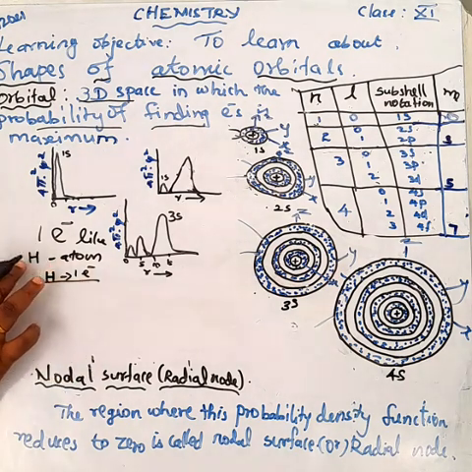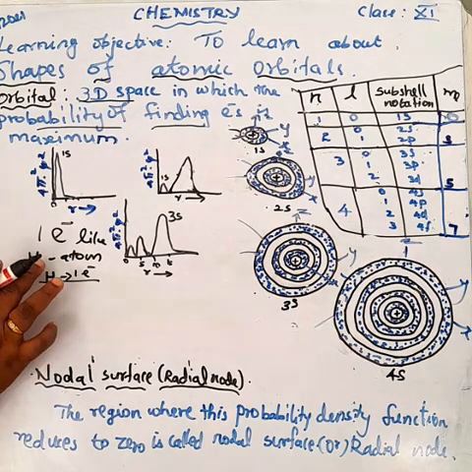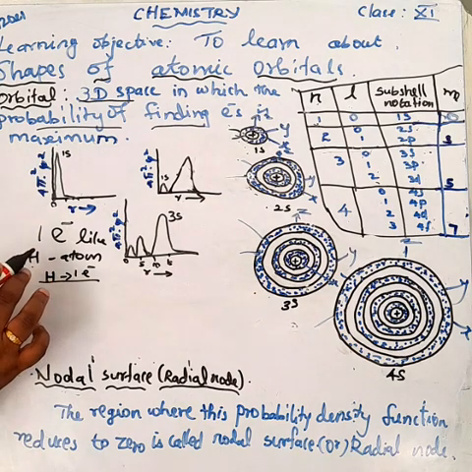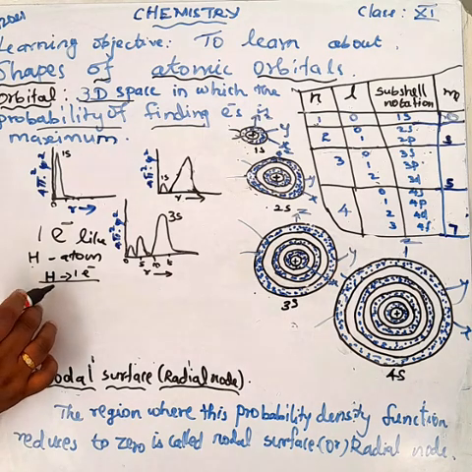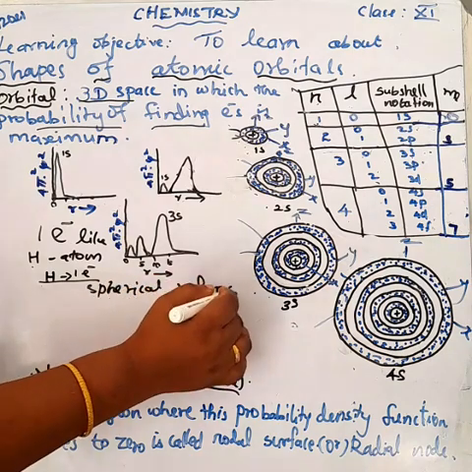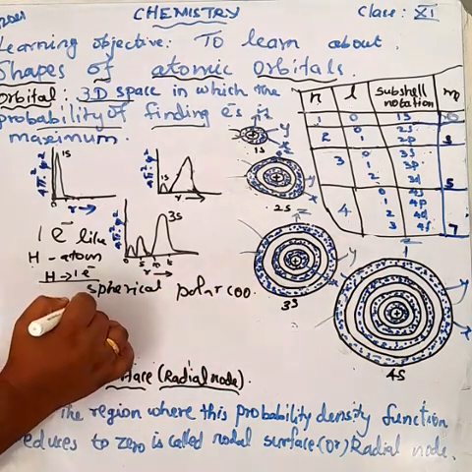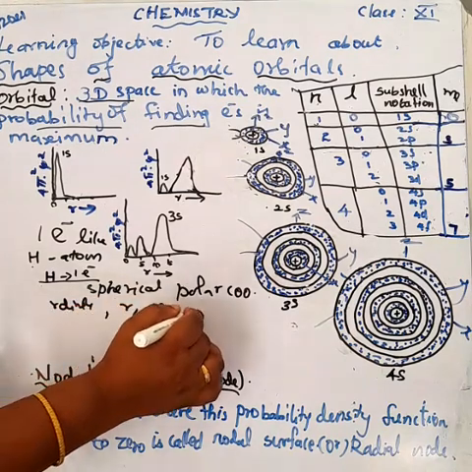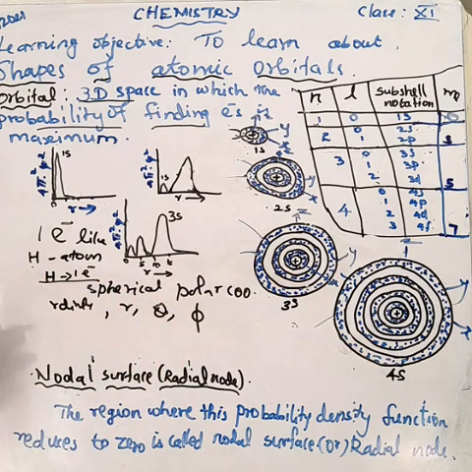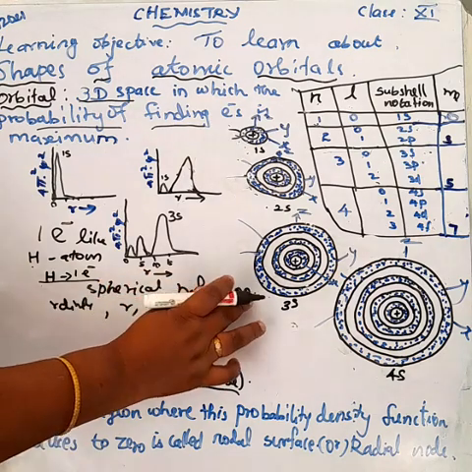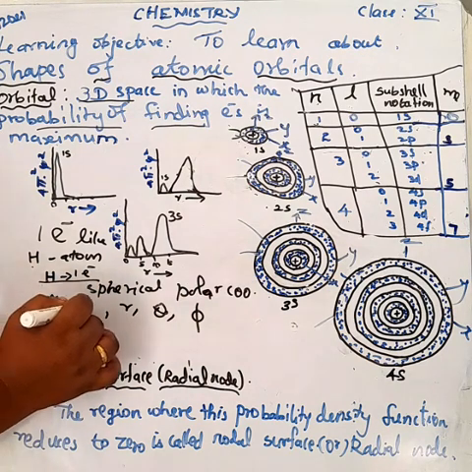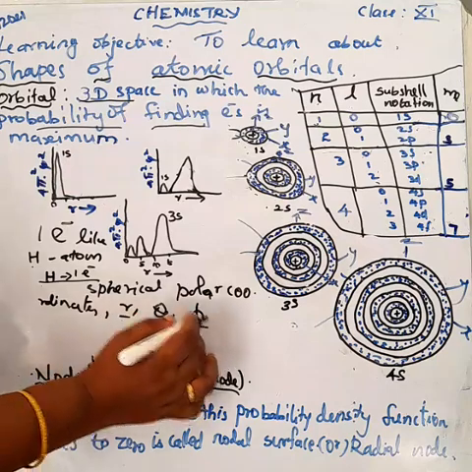What are spherical polar coordinates? They are small r, theta and phi.